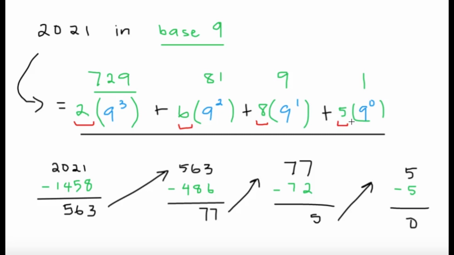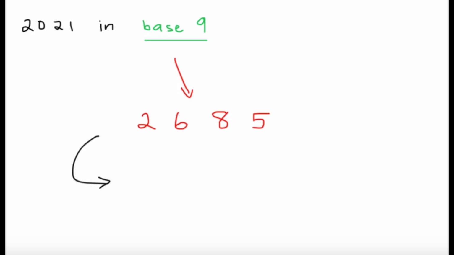These are the digits in the base 9 representation of 2021. Therefore, 2021 in base 9 is 2685, because we're now dealing in base 9.